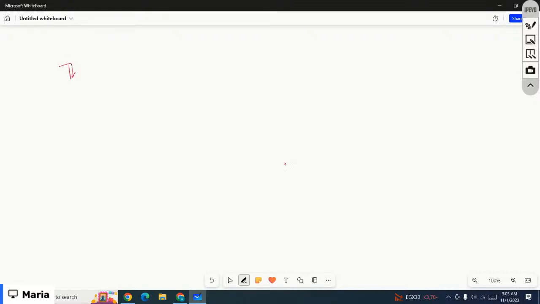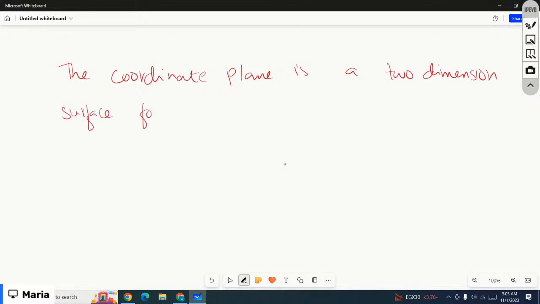The coordinate plane is a two-dimensional surface formed by two number lines, right? So basically, this is the coordinate plane.